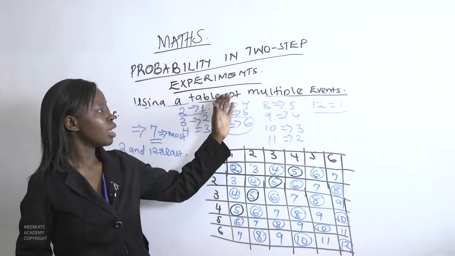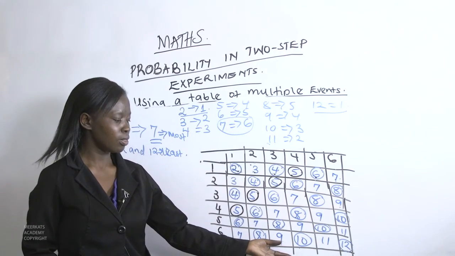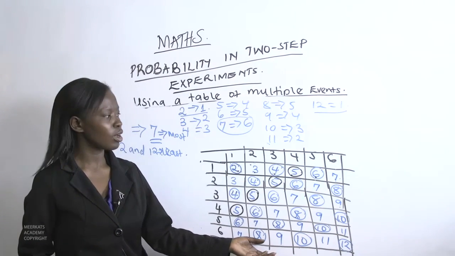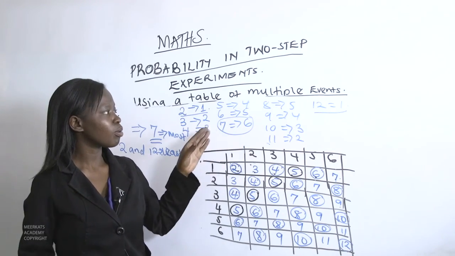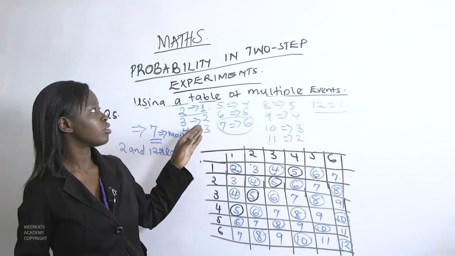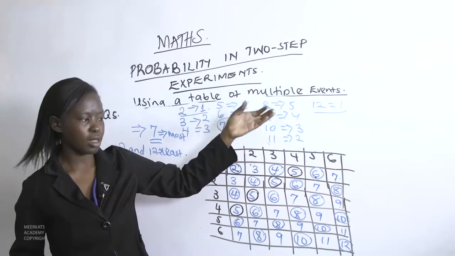So this table helps us get the outcomes that have occurred, and after we've obtained the outcomes, it is possible for us to work out the various probabilities in 2-step experiments.